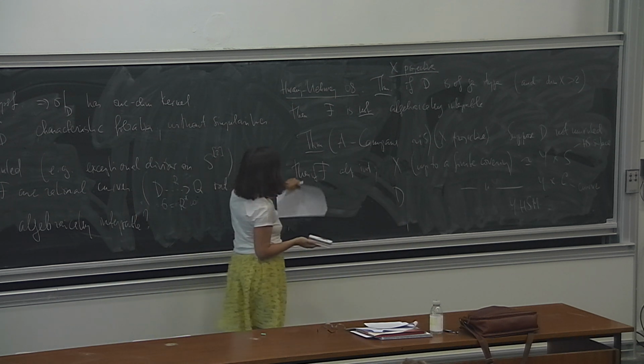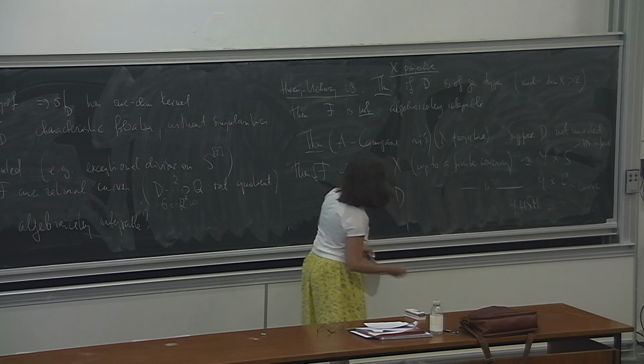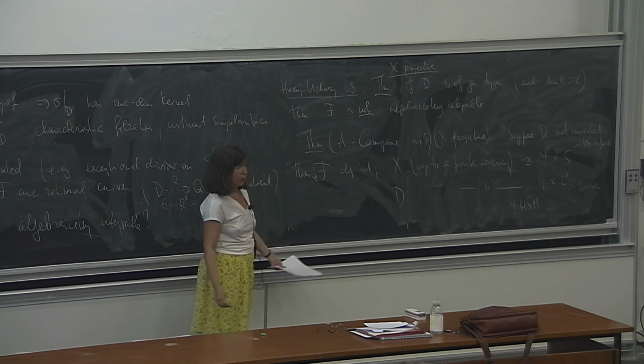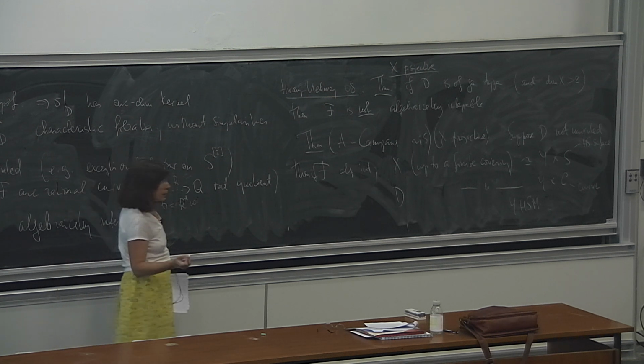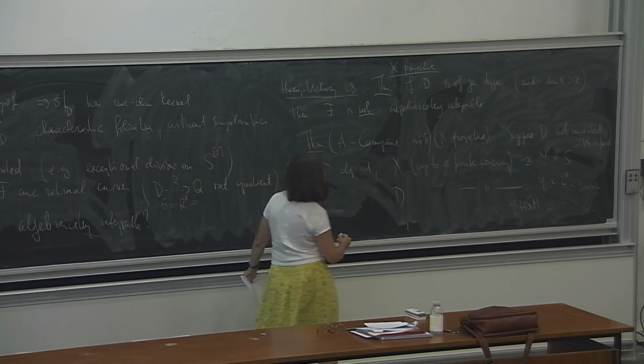In particular, if X is irreducible, then the characteristic foliation is algebraically integrable if and only if D is uniruled.